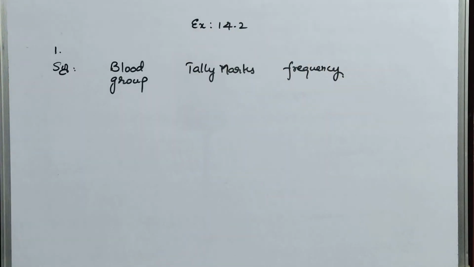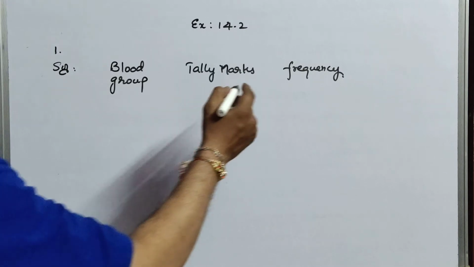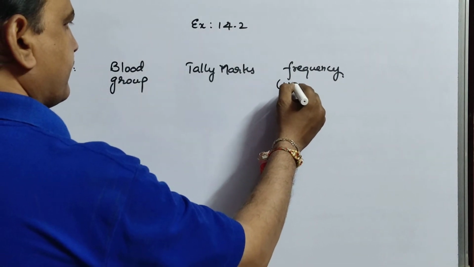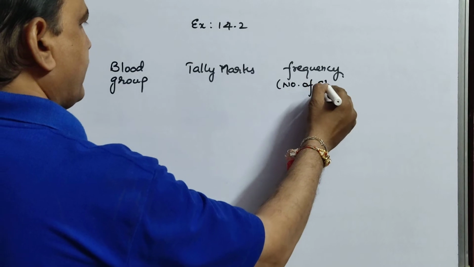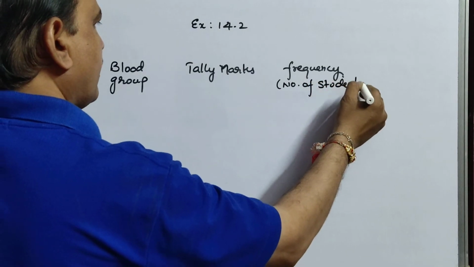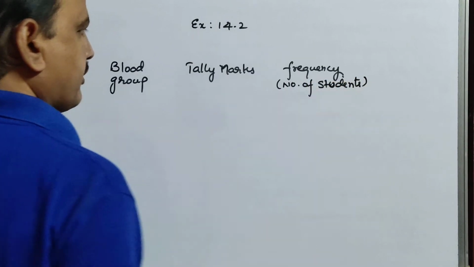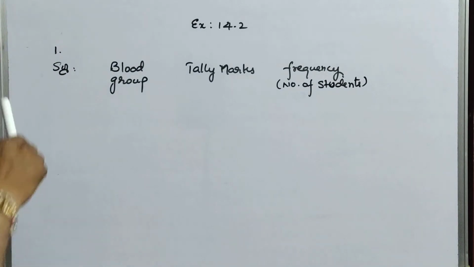Blood group, tally marks and frequency. Frequency is nothing but the number of students. So the number of students will come under frequency. This is called a frequency distribution table.